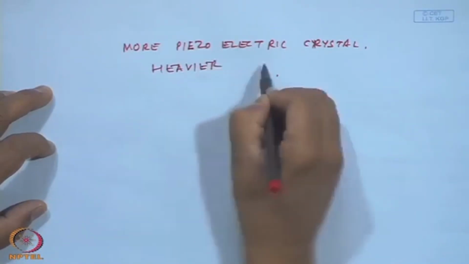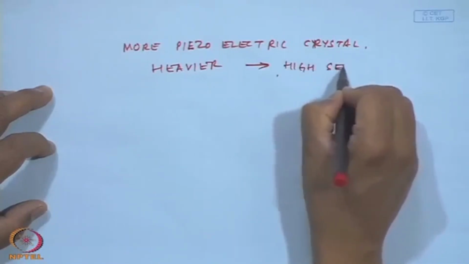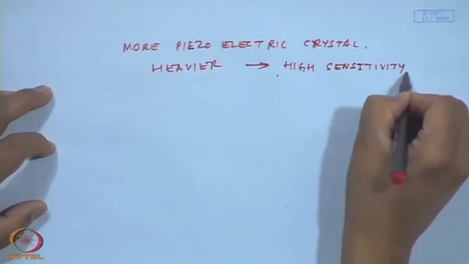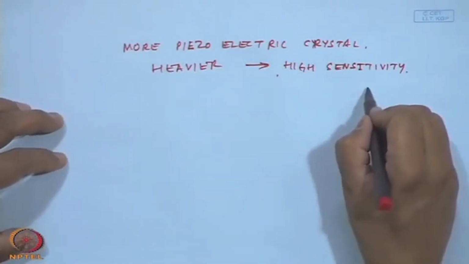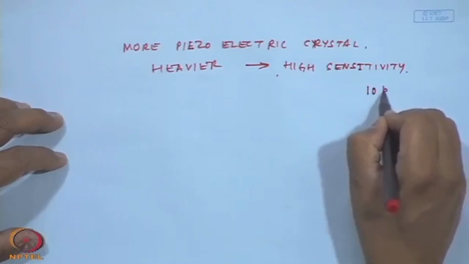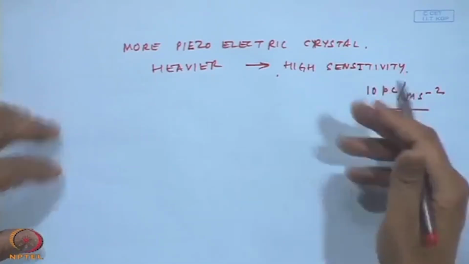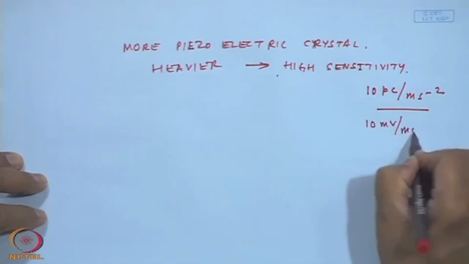So, heavier accelerometers will have high sensitivity. Usually, typically this kind of accelerometer which you see in the palm of somebody's hand is about 10 picocoulomb per meter per second square. And if you have the right type of voltage converter, this could be about 10 millivolts per meter per second square.